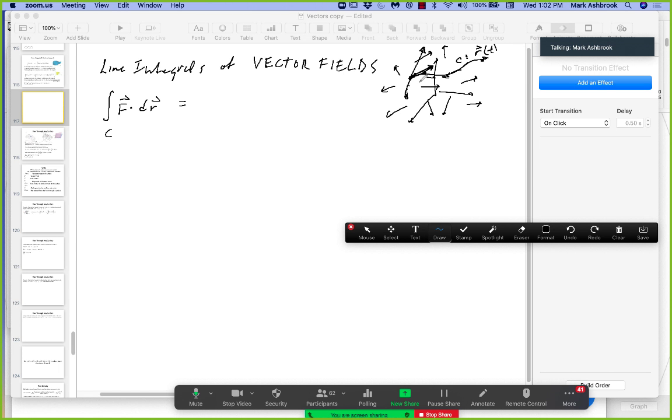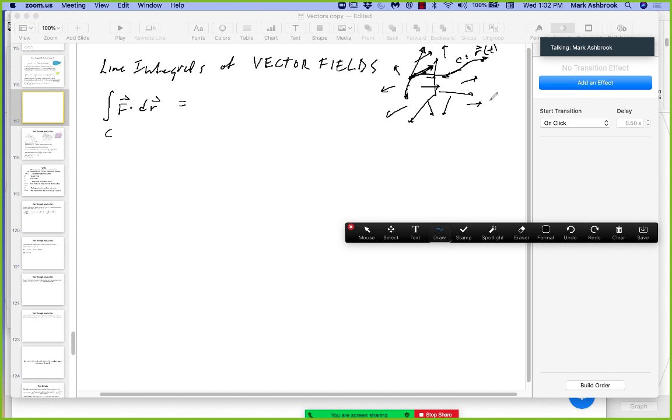So maybe that f dot dr is going to be some little amount of work. If this is a force field, and this c is an object moving through that force field, then this computes a little bit of work, by taking the part of f in the direction of the curve dot dr. And to do those, we're going to rewrite f in terms of t.